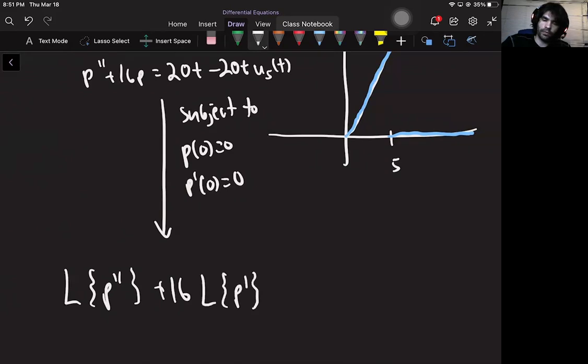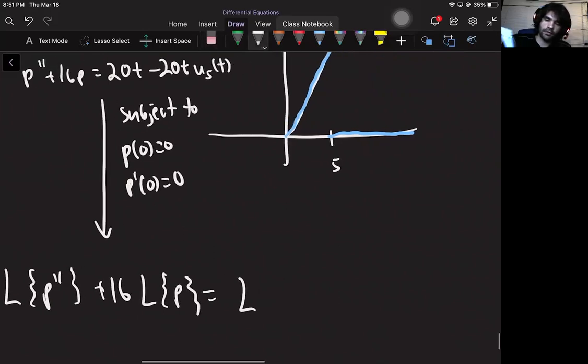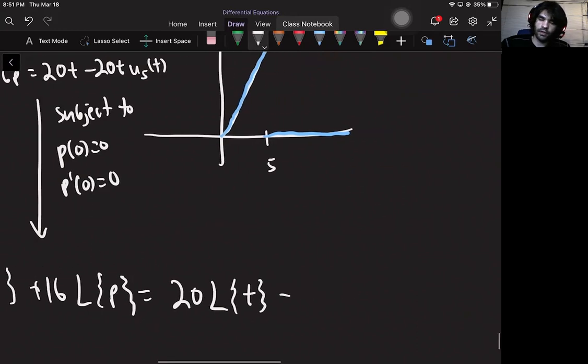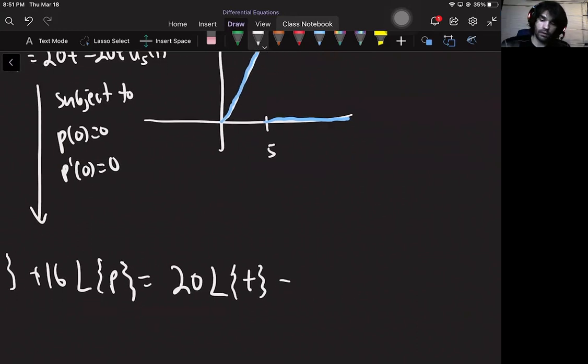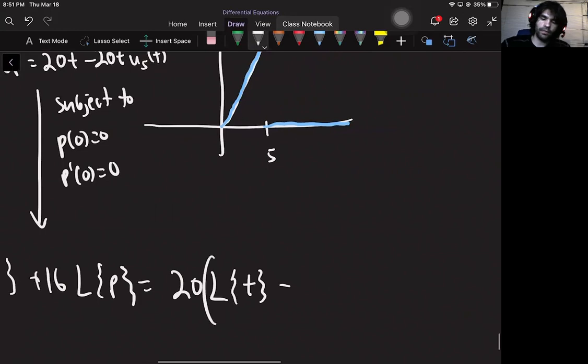Whoops, there's no prime on that one. And then on the right side, I can also start using the linear property right away. So I can just take that 20 out. I can take 20 out of everything, in fact. Yeah, let's do that. And then I'll write this in this order.